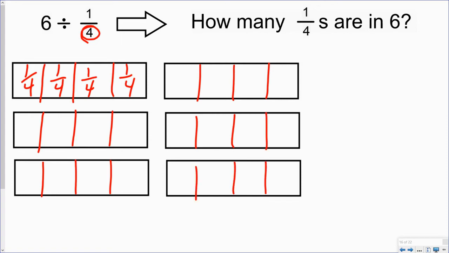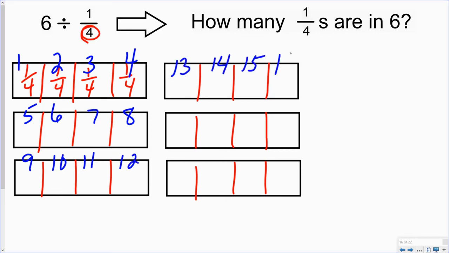And again, knowing that each one of those little sections is worth 1/4, I can count how many 1/4s I have. So I have 1, 2, 3, 4, 5, 6, 7, 8, 9, 10, 11, 12, 13, 14, 15, 16, 17, 18, 19, 20, 21, 22, 23, and 24.